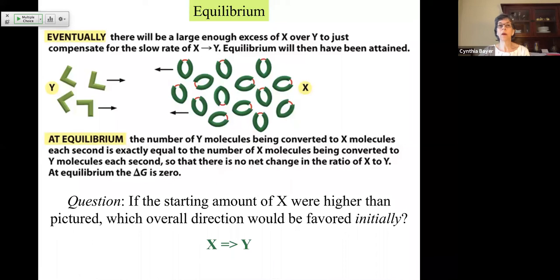Even though on its own, the individual steps require energy, the large excess of glucose in the cell would favor the formation of the more complex, higher energy molecule glycogen. So it's not only the difference in free energy of the individual components, but the ratio of the concentration of each of those as well.